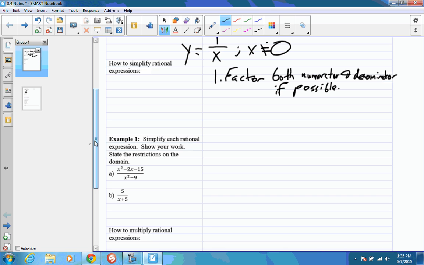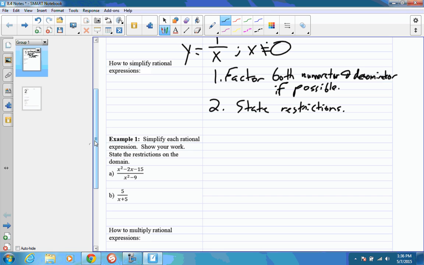So step 2, after I factor both the top and the bottom, I want to state my restrictions. If these were equations, not expressions, if I told you not to simplify but to graph them, we'd be looking for vertical asymptotes, right? And I would do that by solving for what?